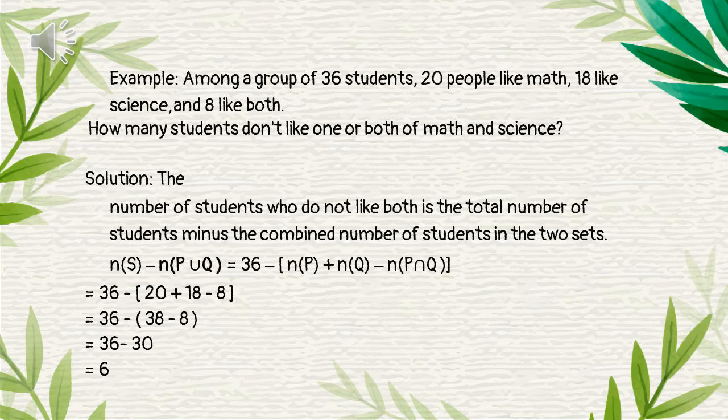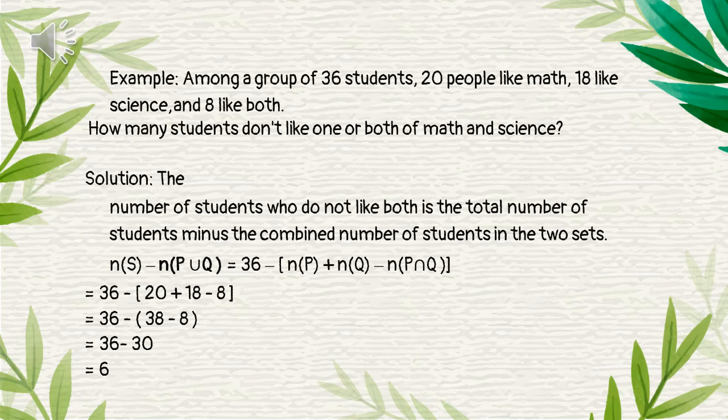Example: among a group of 36 students, 20 people like math, 18 like science, and 8 like both. How many students don't like either math or science?